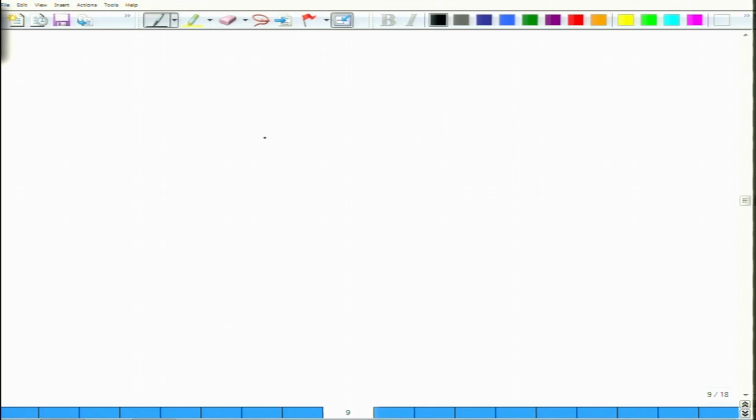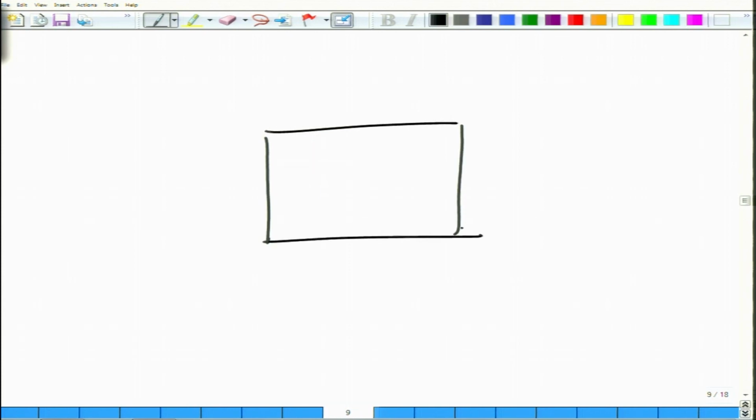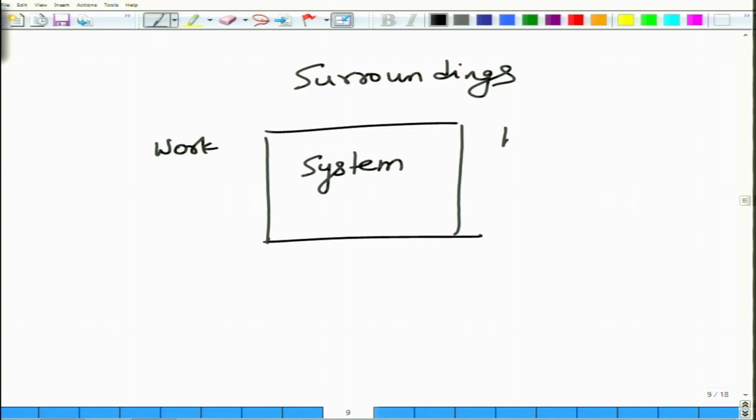So, if you have, let us say, a system, and then you have surroundings, and on this side you write work, on this side you write heat.